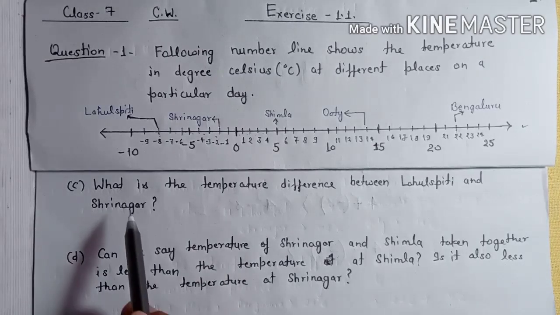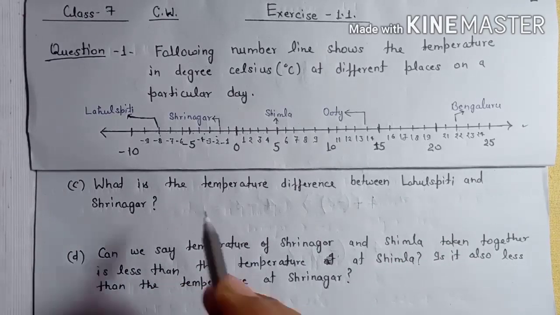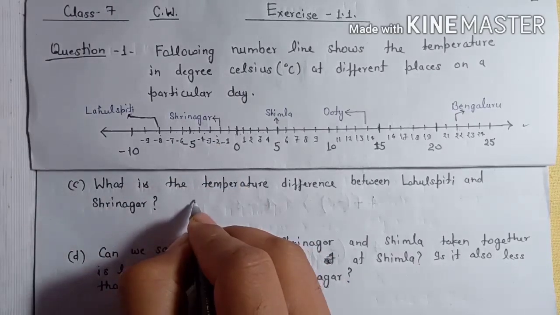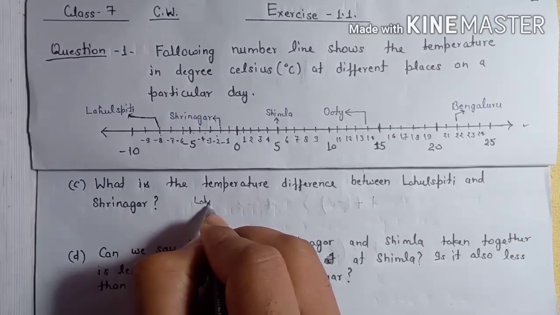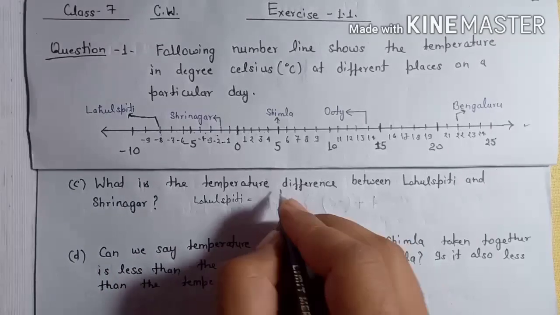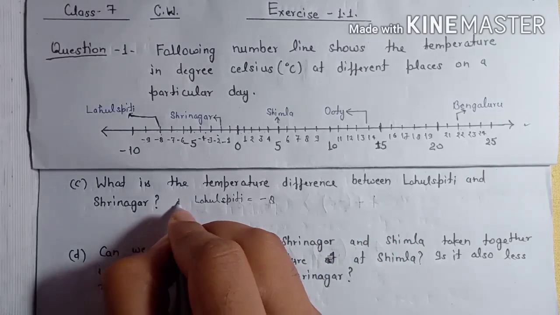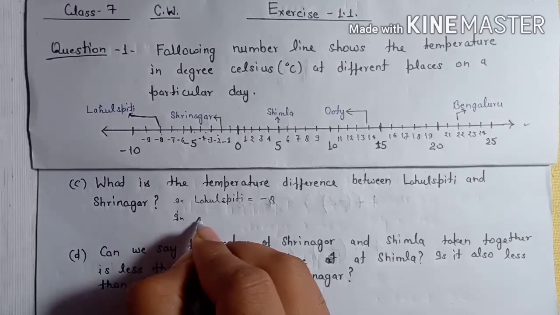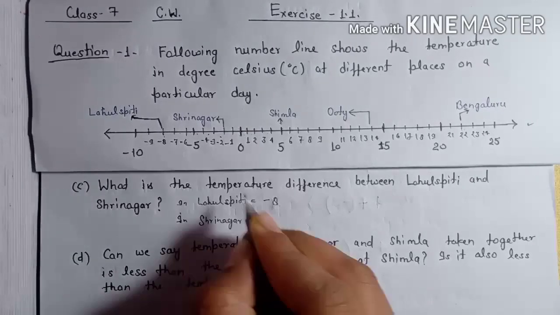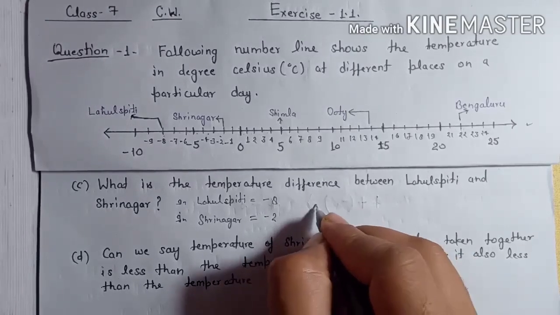The third part of the question is: what is the temperature difference between Lahaul Spiti and Srinagar? At Lahaul Spiti the temperature is -8, and in Srinagar the temperature is -2. So find the difference here.